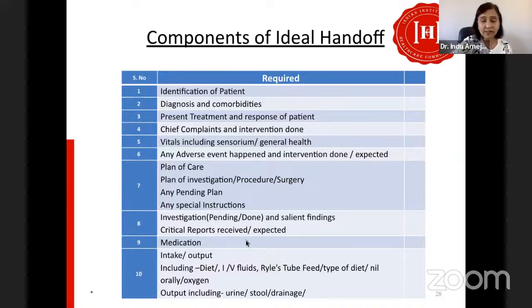So that means this has to be the minimum part of the ideal handoff. And this was chosen by a number of groups. When I did this activity with a number of groups, this finally came up. But you can use this as an activity when you do it with your audience or with your staff. This engages them in preparing the list, and automatically they understand the importance of these aspects when you are handing over the patient.